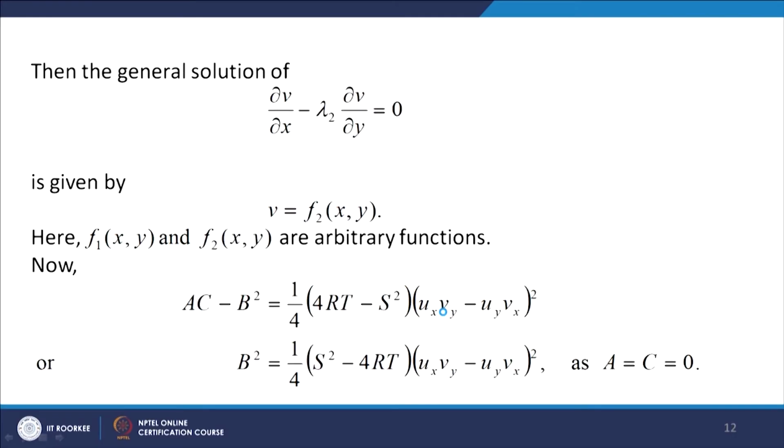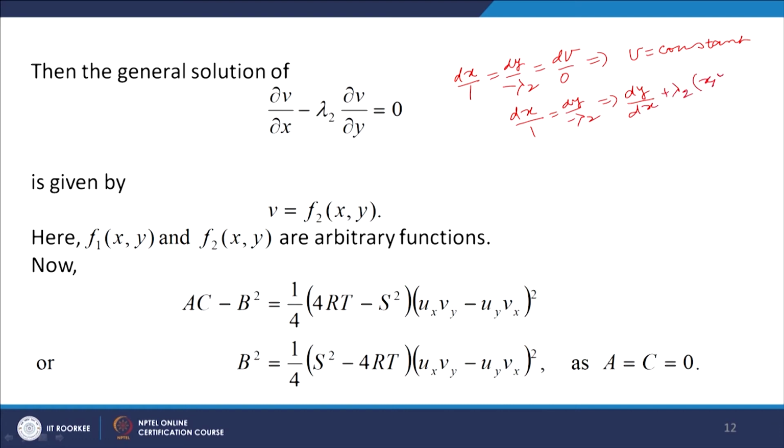And similarly, when we find the general solution of bx minus lambda 2 by equal to 0, this is the Lagrange equation, the auxiliary equations are dx over 1 equal to dy over minus lambda 2 equal to dv over 0. So, this will give you b equal to constant. We will have dx over 1 equal to dy over minus lambda 2, which will imply that dy over dx plus lambda 2 xy equal to 0.